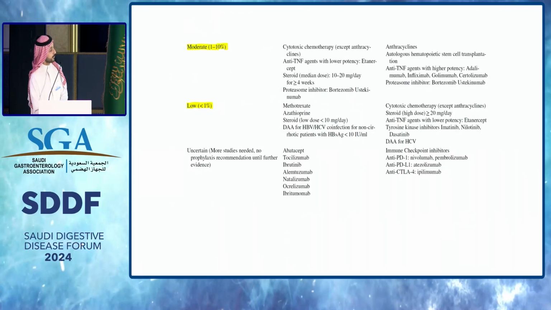And then for a definition of moderate with surface antigen negative, anthracycline, anti-TNF agents with higher potency. And then the opposite side with surface antigen positive, they added steroids and proteasome inhibitors, including ustekinumab. And the low risk of reactivation is obviously azathioprine, methotrexate, lower doses of steroids.